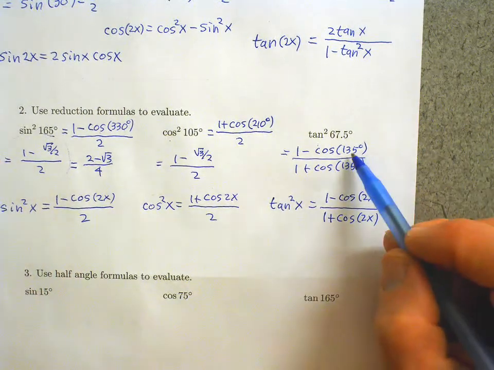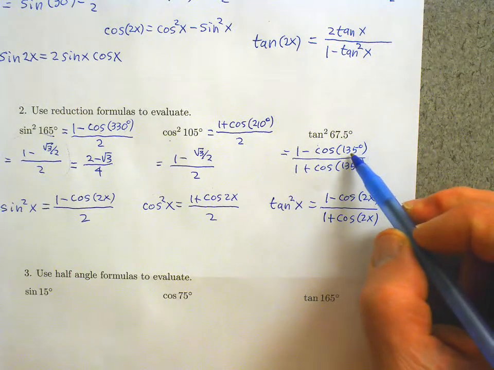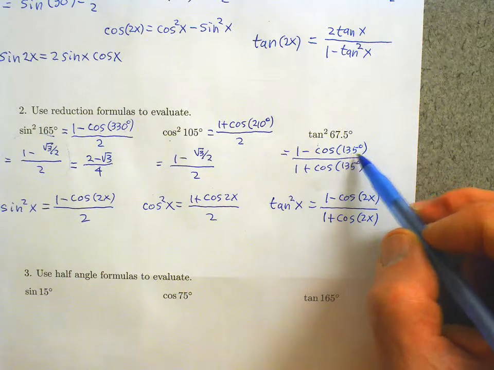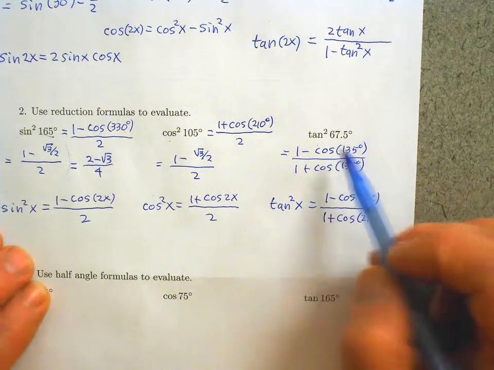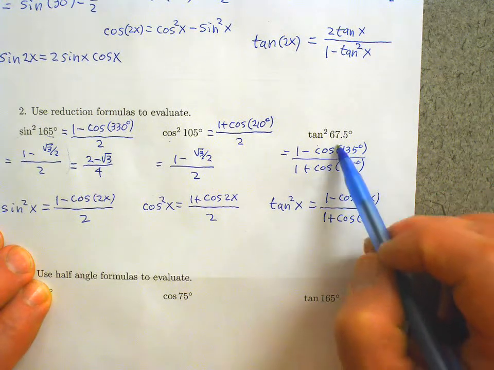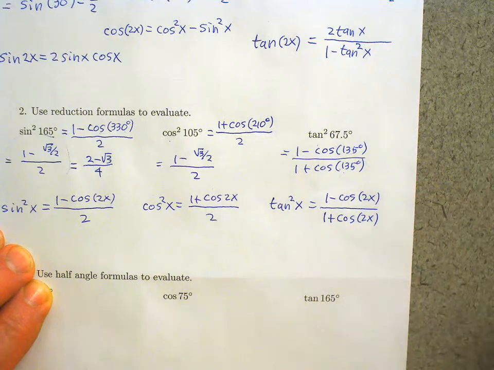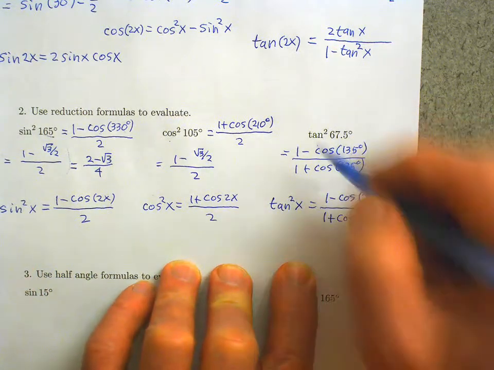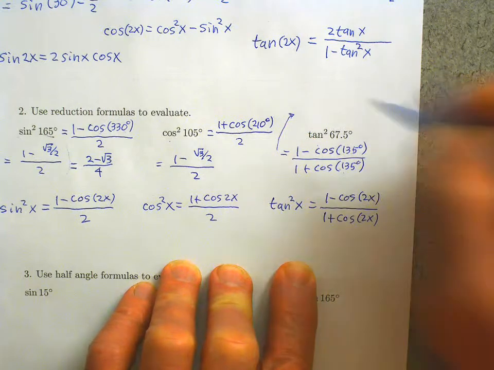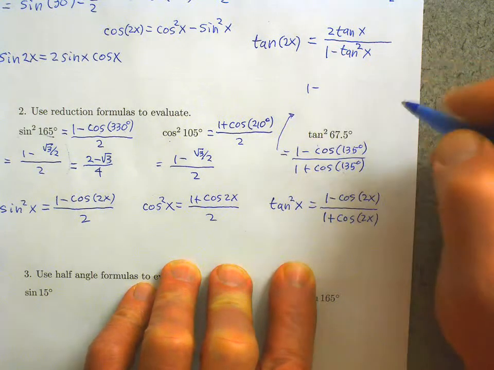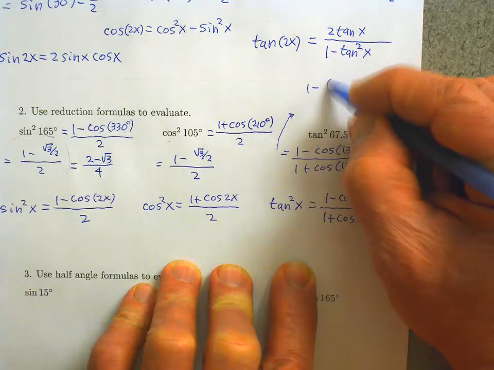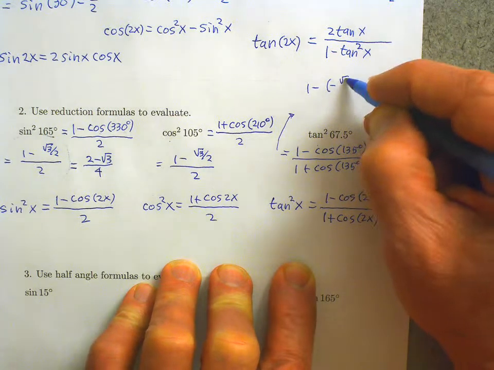So 135 degrees is in the second quadrant. The reference angle is 45 degrees. But cosine is negative in the second quadrant. So I'll finish the answer up here. I'll write 1 minus negative square root of 2 over 2.